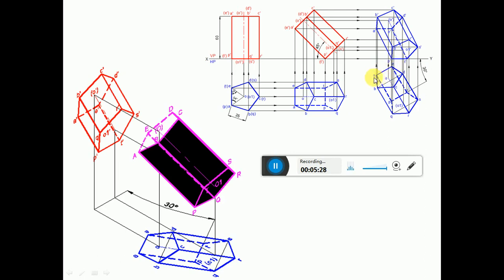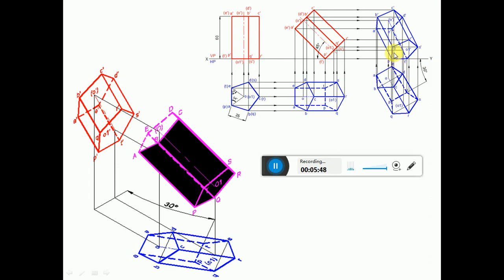Then name them A, B, C, D, E, and then O. Then complete the entire third position top view exactly the same as that of the second position top view, including visible and invisible edges.